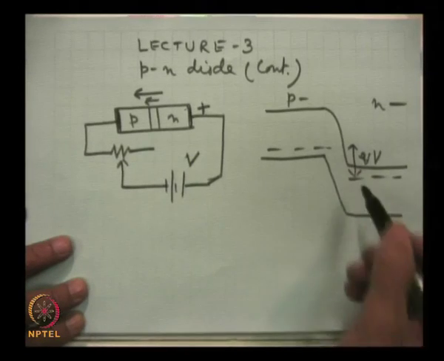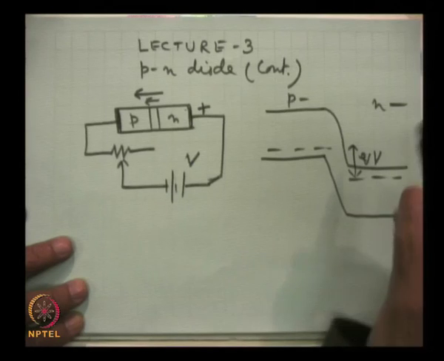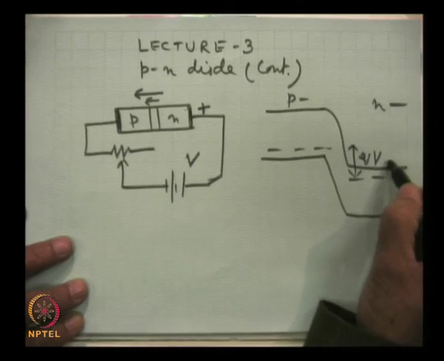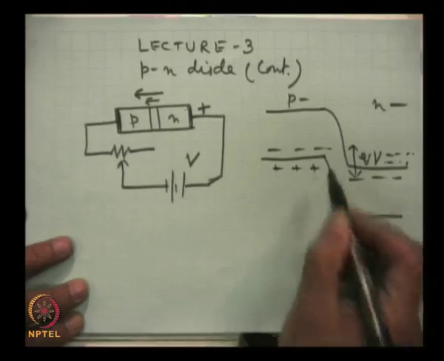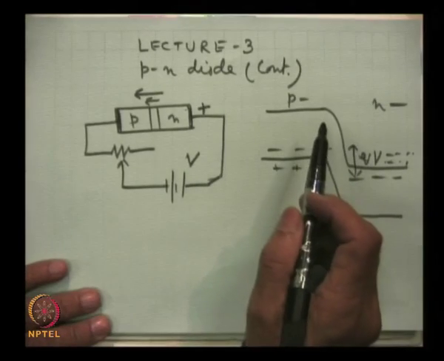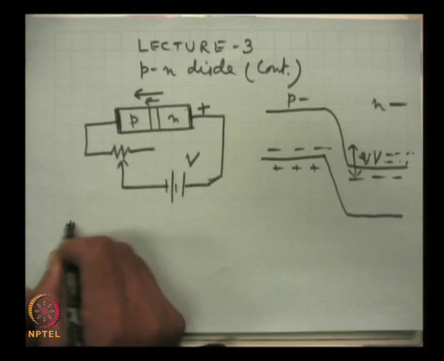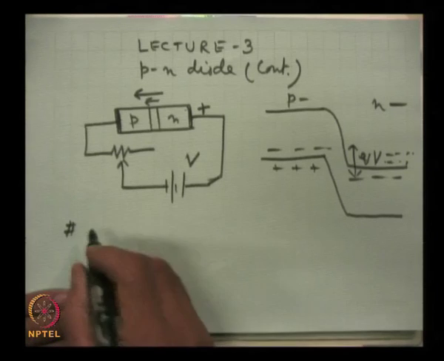Now, as it is evident that the potential height has increased, the majority carriers, electrons here and holes here, have absolutely no chance to cross over to the other side, and so they are unable to diffuse. So, the first point we note is that majority charge carrier diffusion is not possible.